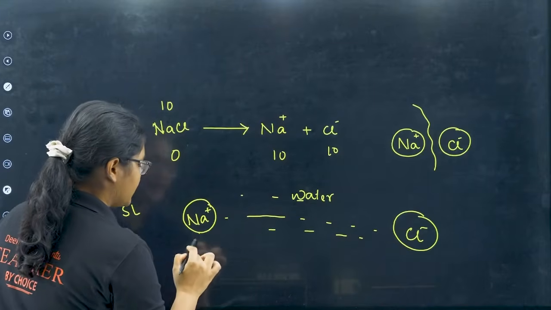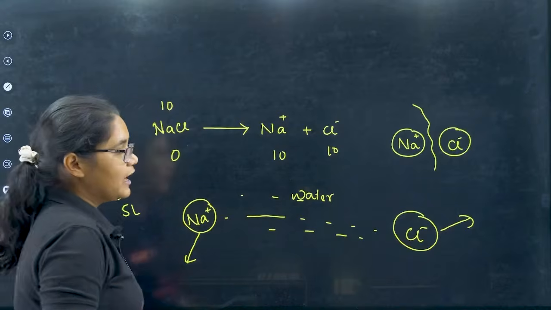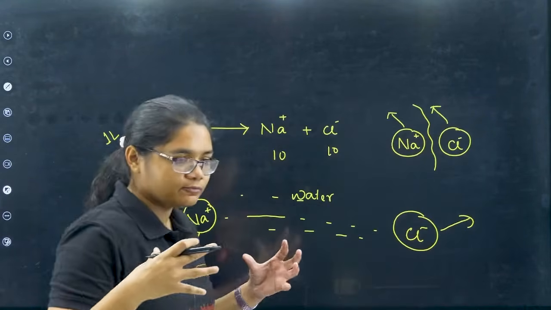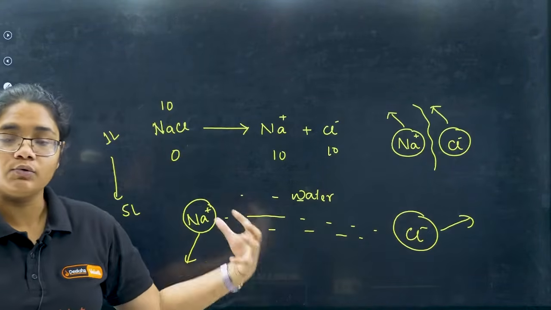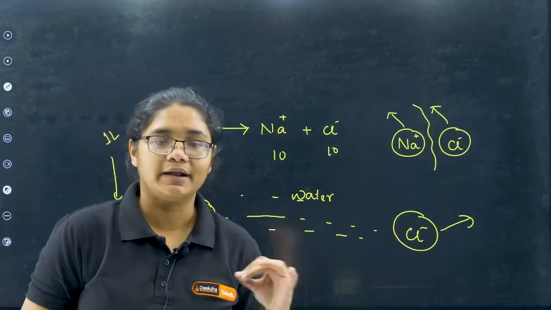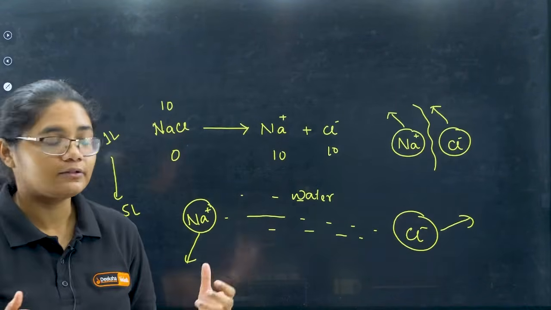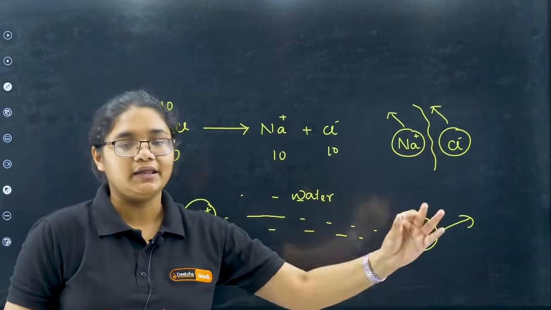So now Na plus can move separately, Cl minus can move separately. Earlier they both had to move together and slowly. Now both are independent, they can move according to their own speed and can conduct electricity better. So in strong electrolytes also the mobility of the ions increases. That is why molar conductivity increases.